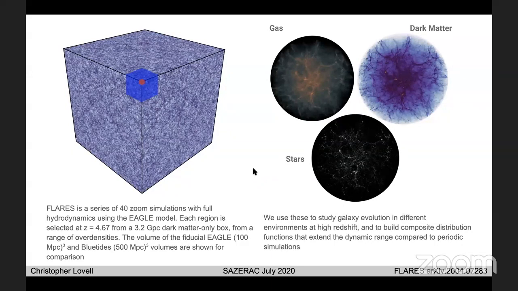So the purpose of doing this is not only to study how galaxy evolution during the epoch of reionization differs in these very different environments, but also to combine these regions together to build composite distribution functions that can significantly extend the dynamic range compared to smaller periodic simulations. Next slide, please.